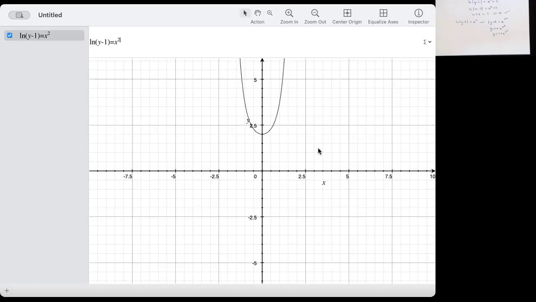Same picture, right? I like using the Mac grapher because it allows me to graph implicit equations. I don't have to rewrite and solve for y equals. Now that I have this technology, I can avoid that if I want.